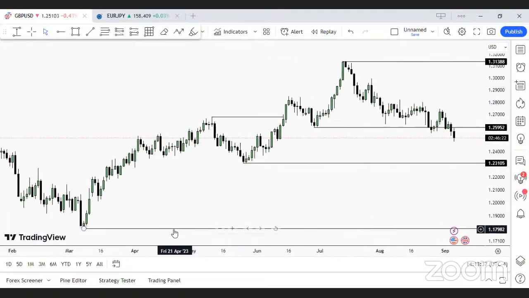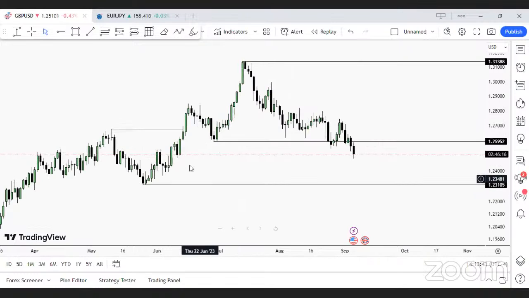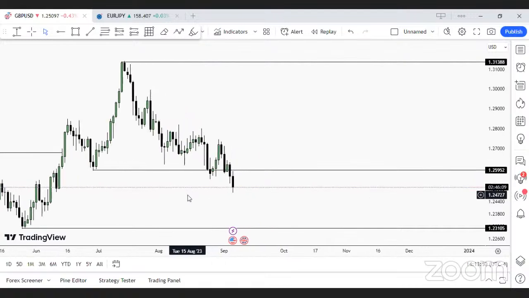Now we can actually remove this because the market is not here yet. Okay, the market is not here or here yet. What we want to concentrate on is the recent low and what the market is actually doing on the recent low. Okay, so this is our main focus. Okay, this is our priority.